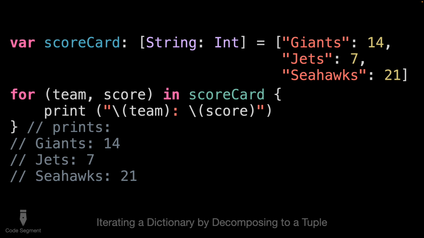So this is that decomposition to a tuple thing I was talking about before. Basically, when you are iterating through a dictionary, which you would not expect to do that often, given that dictionaries are more for doing lookups, but you will often find in practice you do a lot for some reason. You will find yourself iterating through a dictionary frequently.